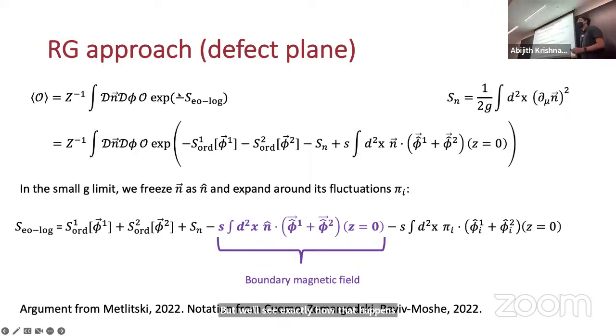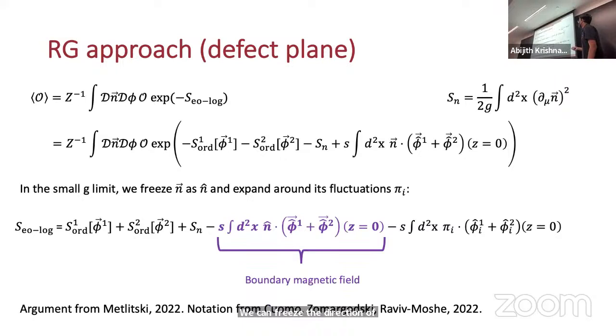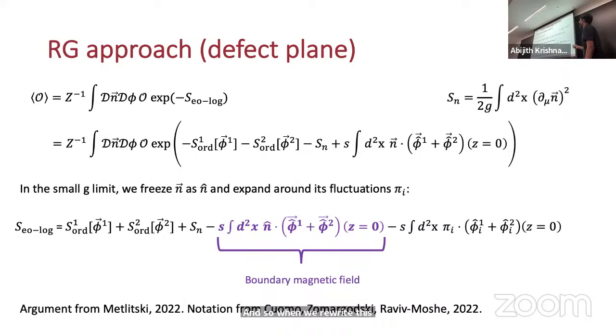All right, so the way we can do this is we can go to the small g limit. We can freeze the direction of n to point in a particular unit vector direction n hat, and expand around its fluctuations. This is typically what we do for the O(N) nonlinear sigma model. And so when we rewrite this term doing that, we end up with this term over here, and then this term with the fluctuations.